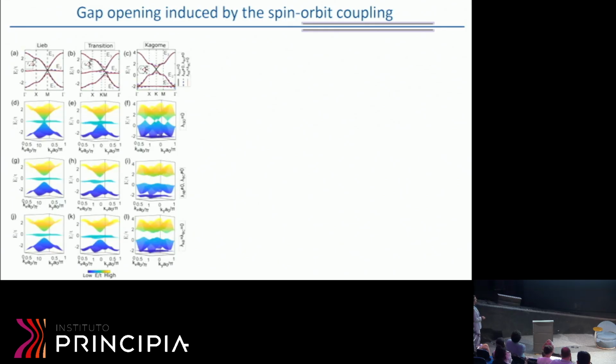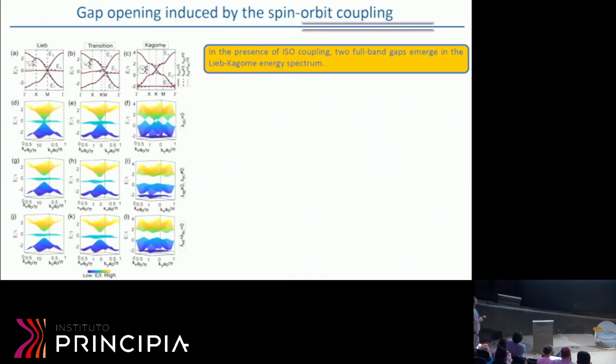So let's go. In general, if you take into account spin-orbit coupling, as expected, it opens a gap in all cases. Here I plot situations where I take into account first and next nearest neighbor for the spin-orbit coupling, and just second neighbor.